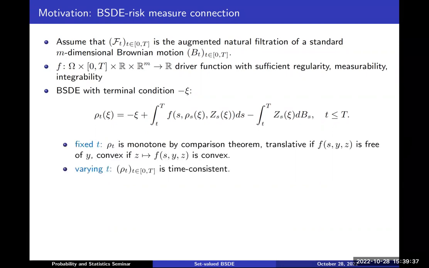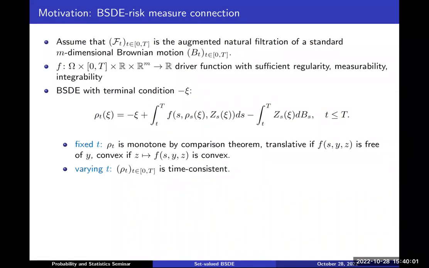For instance, immediate from the comparison theorem for BSDEs, we have that this solution satisfies some monotonicity, which is a very natural property of risk measures. So if you have a higher X, then the risk will change monotonically. It will have lower risk.